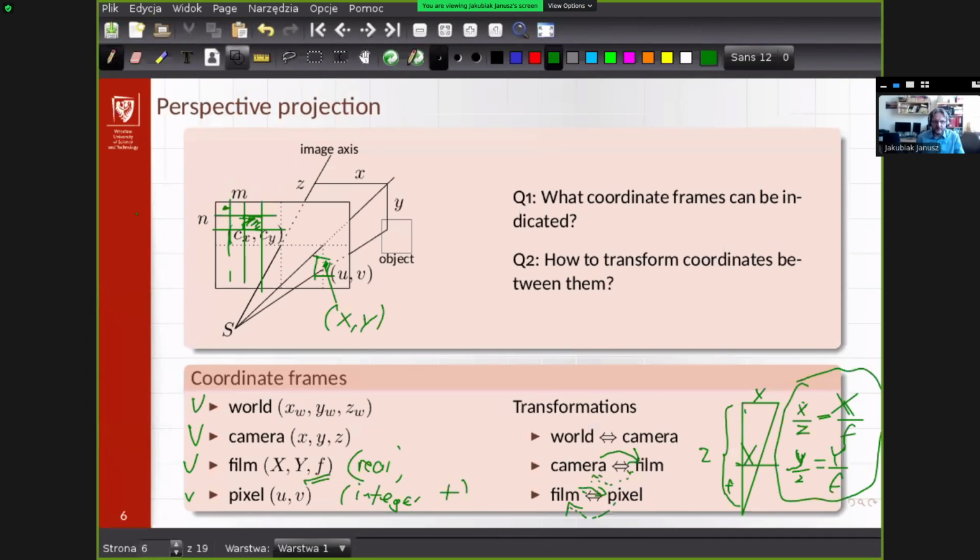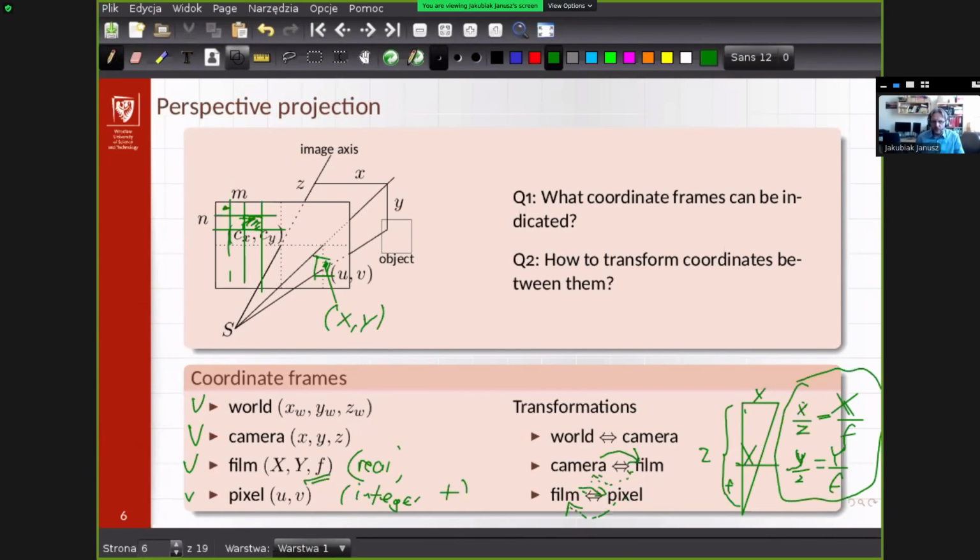So it's not a single point as you had here, but a whole square with its interior. So the pixel to film, you know how to do that, but in fact you don't get a single point on a film, you get a square on a film.